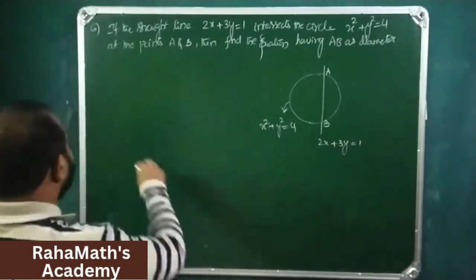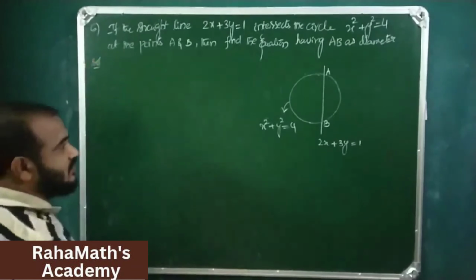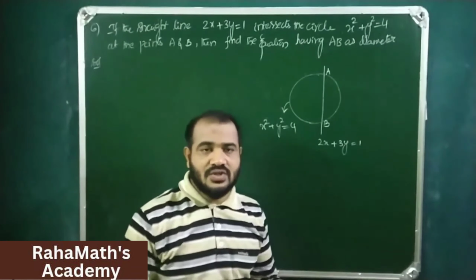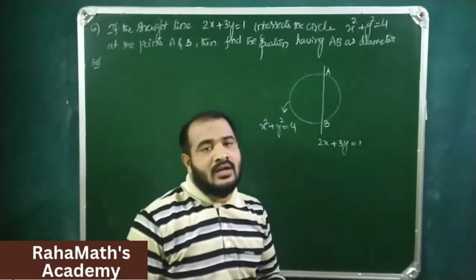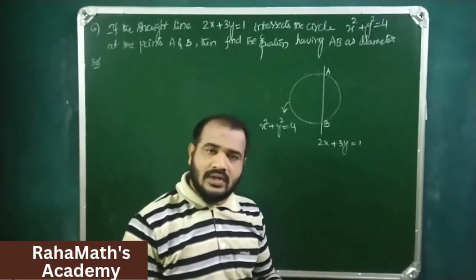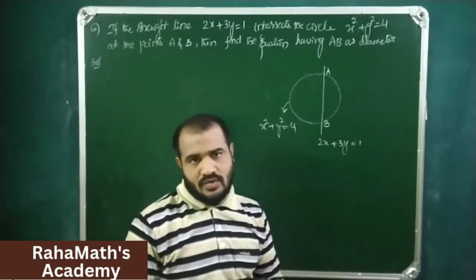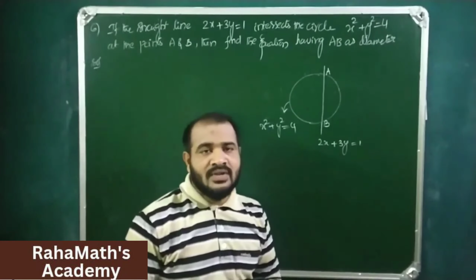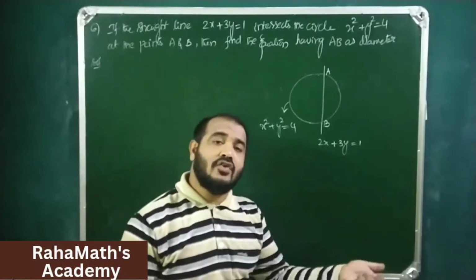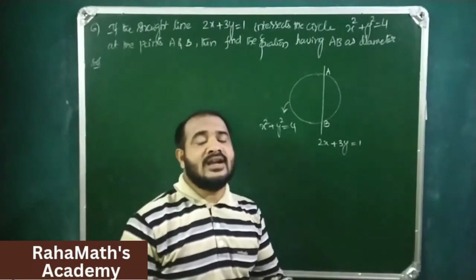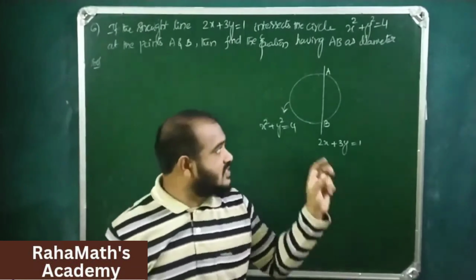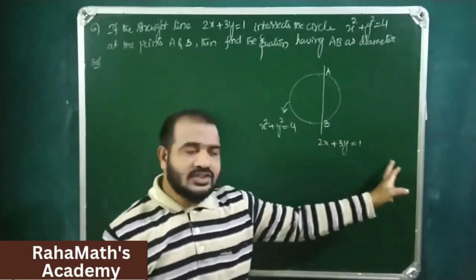First of all, we have discussed that whenever a line Lx plus My plus N equals to 0 and the circle x square plus y square equals to r square, or x square plus y square plus 2gx plus 2fy plus c equals to 0, then the equation of the required circle passing through the point of intersection of a line and a circle is of the form S plus lambda L equals to 0, where S is the circle and L is the straight line.